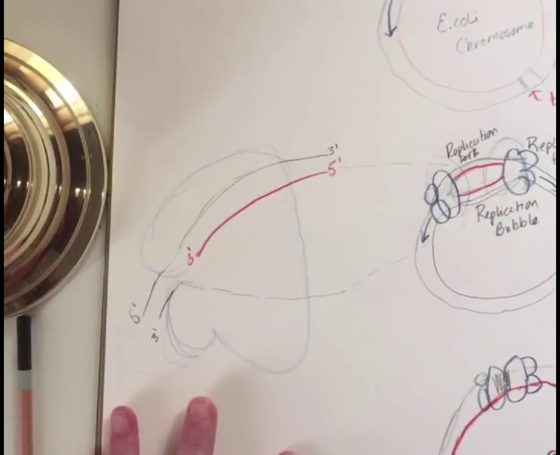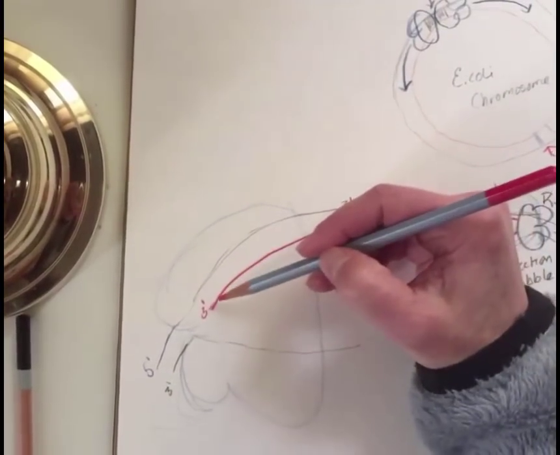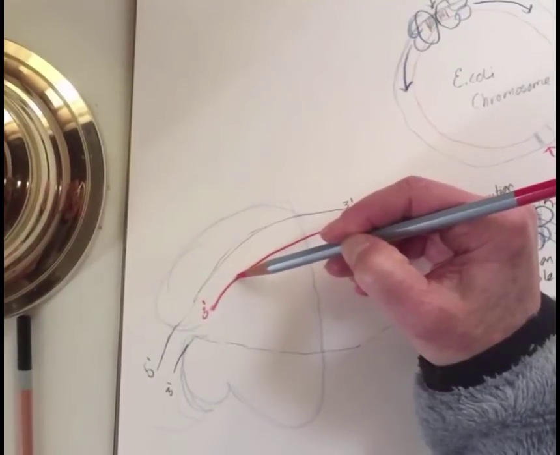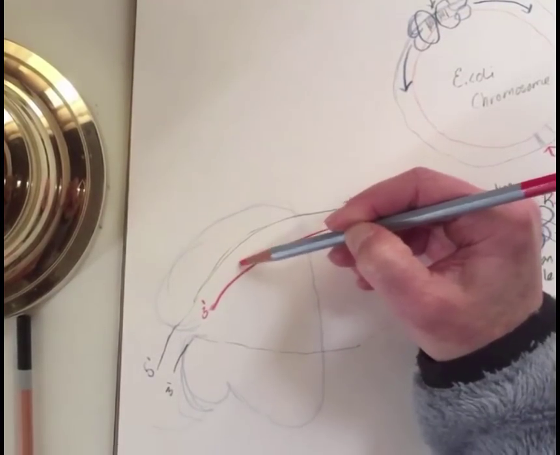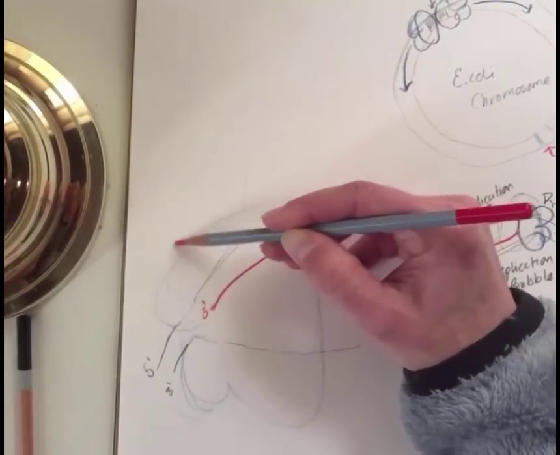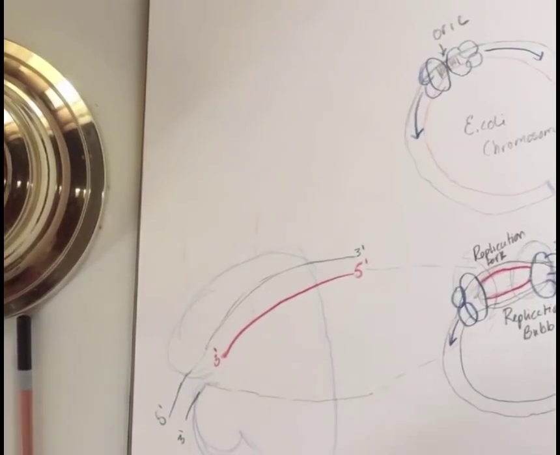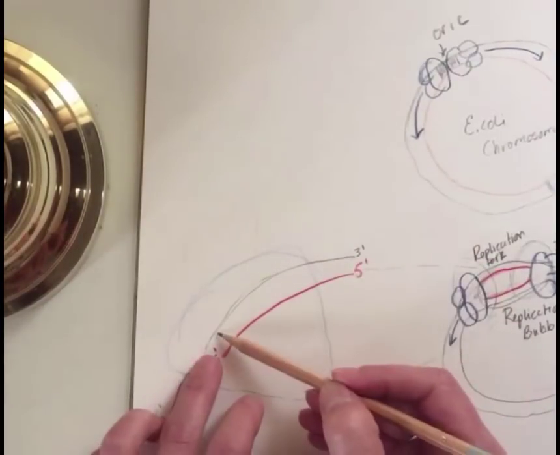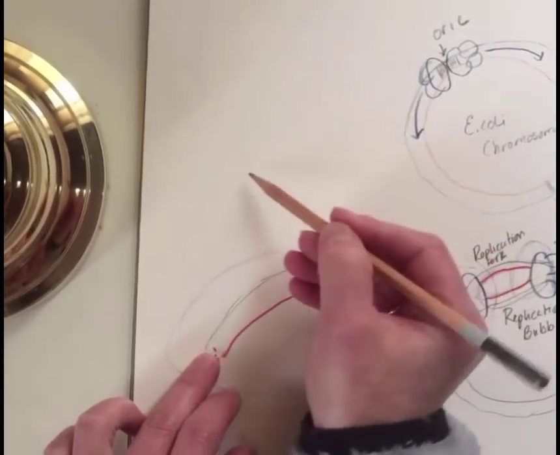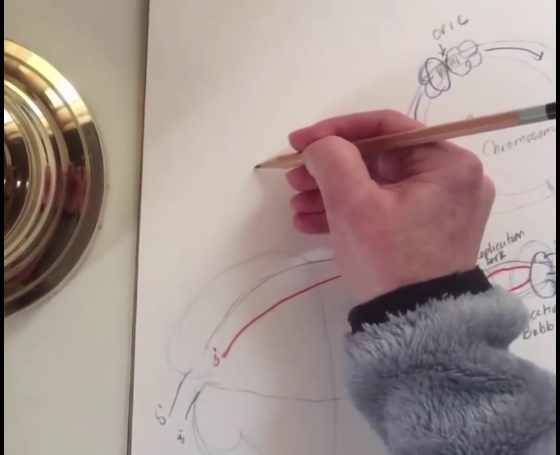So I actually want to just look, if we were to zoom in on a very small region here, at this top strand, and I want to say that we actually know the sequence.